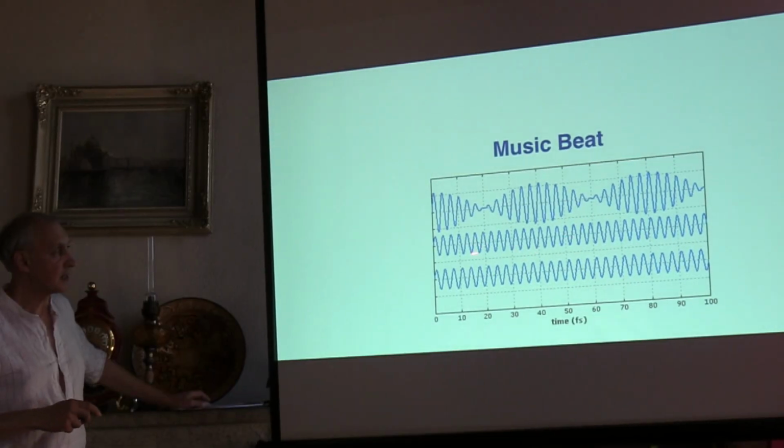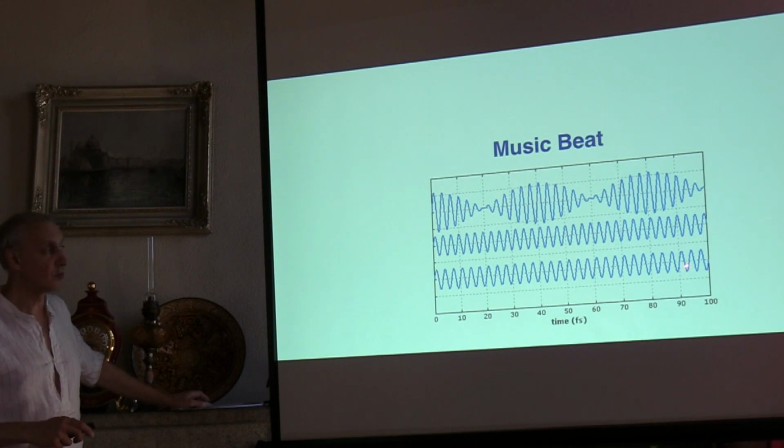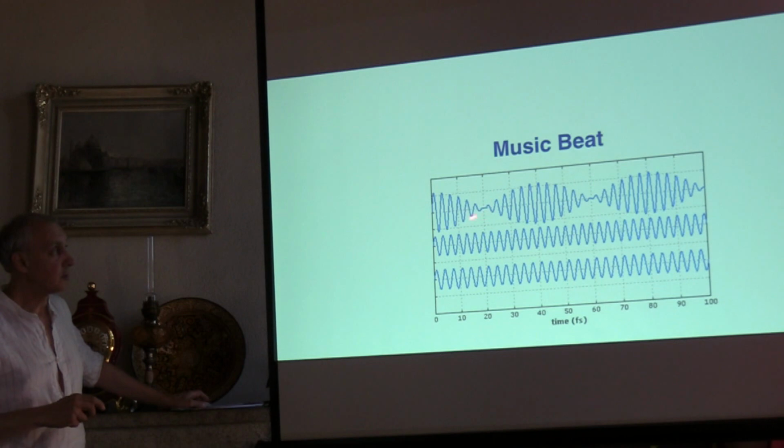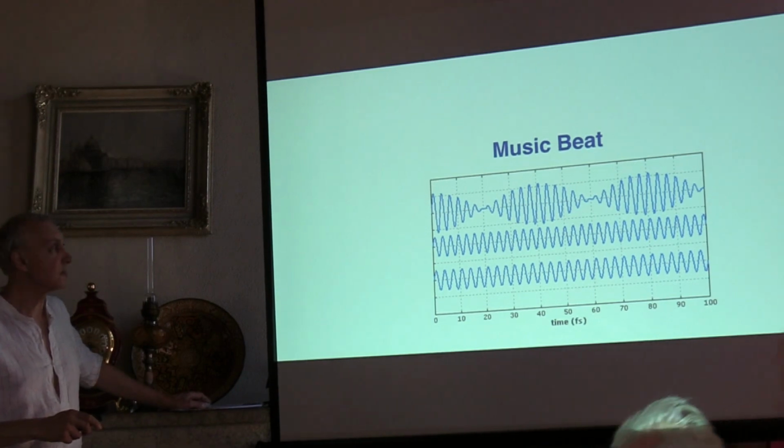So if I have, let's say, 440 Hertz here, and 440.1 Hertz here, I will have a beat of 0.1 Hertz. You see that the resulting sound will decrease, increase, decrease, increase, decrease.